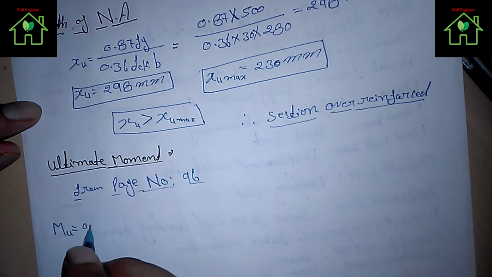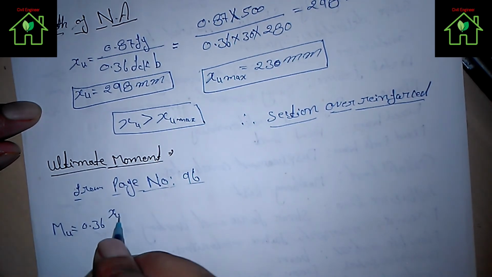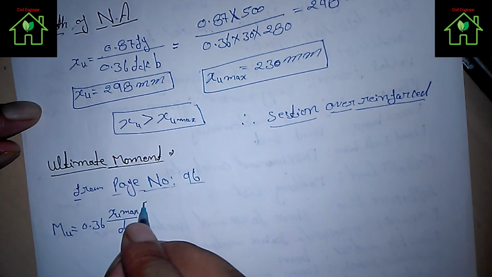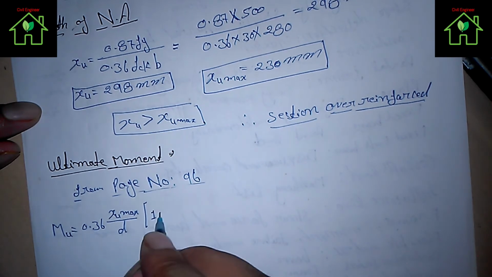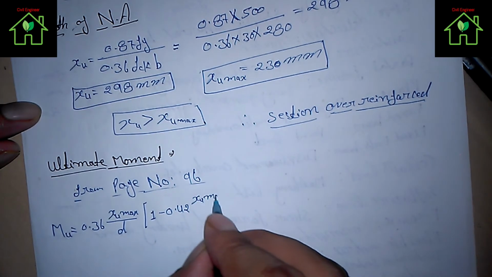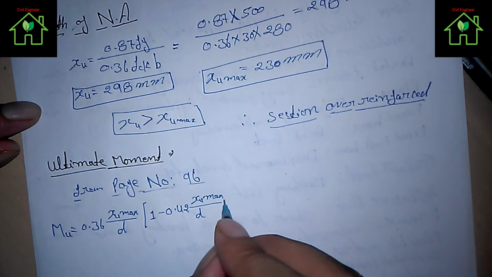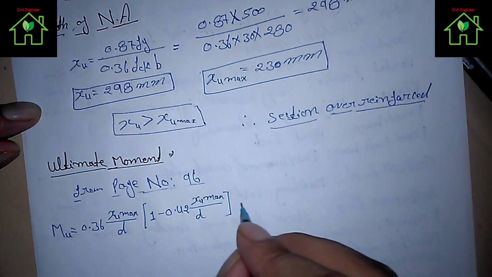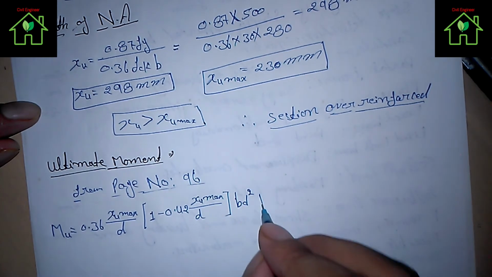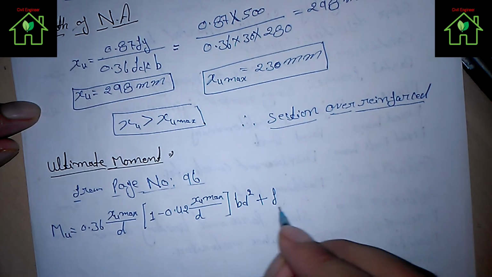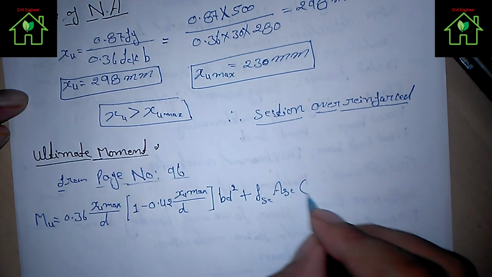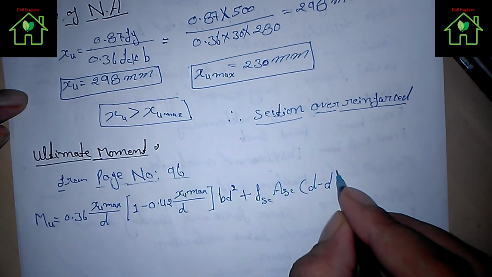Mu is equal to 0.36 Xu max divided by d, into 1 minus 0.42 Xu max divided by d, into b d square fck, plus fsc Asc into d minus d dash.